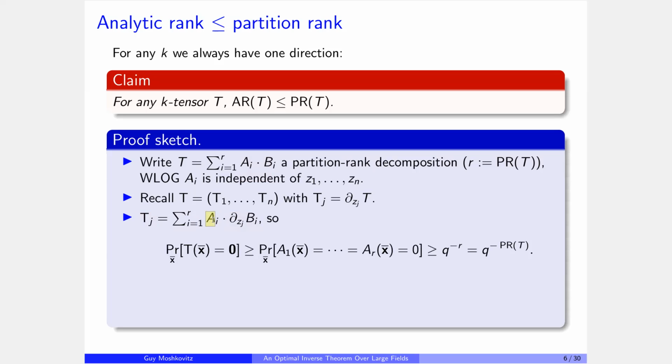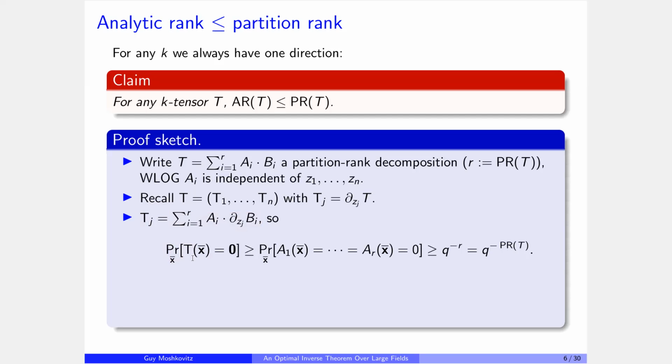So in particular, if you have an input X that makes all the A_i's equal to 0, if you have a solution for just the A_i's, then you also have a solution for all the T_j's. That exactly follows from this decomposition.